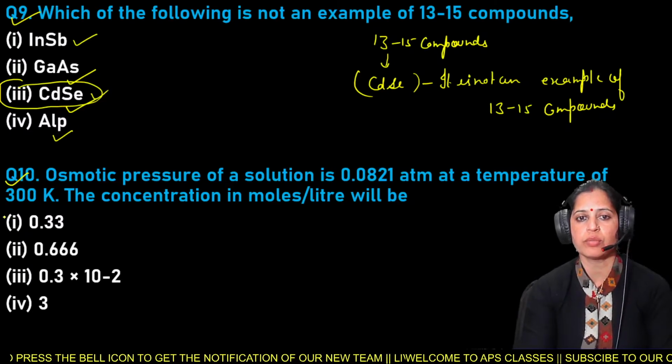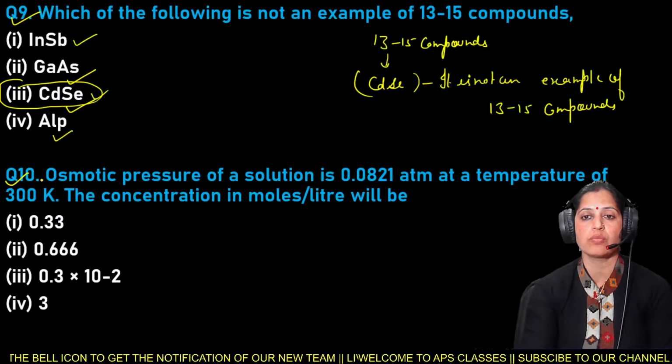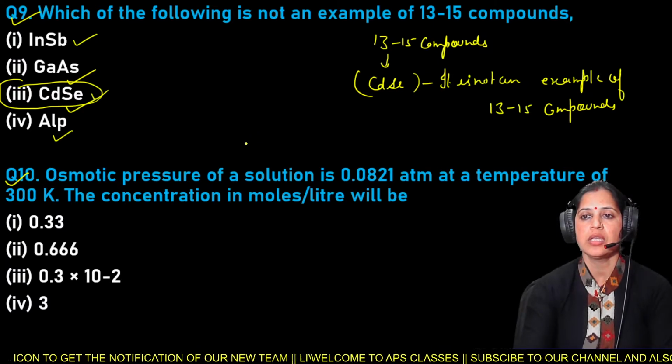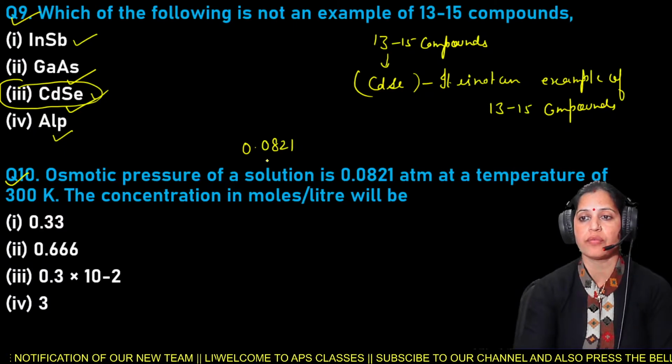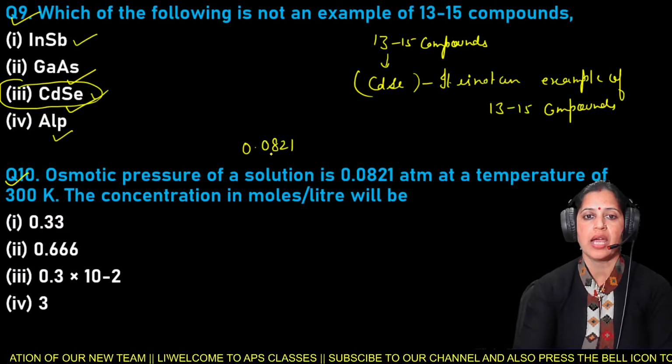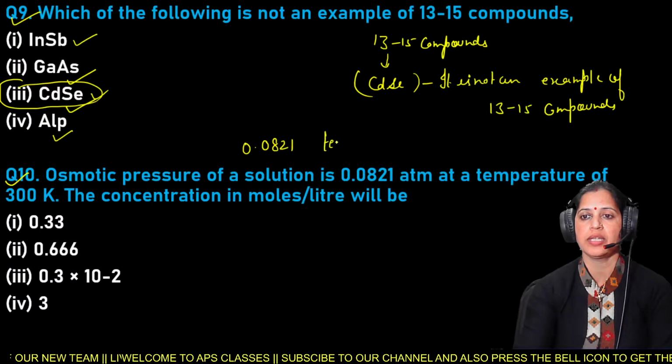Now shift to question number 10. Question number 10 is: the osmotic pressure of a solution is 0.0821 atmosphere at a temperature of 300 Kelvin.